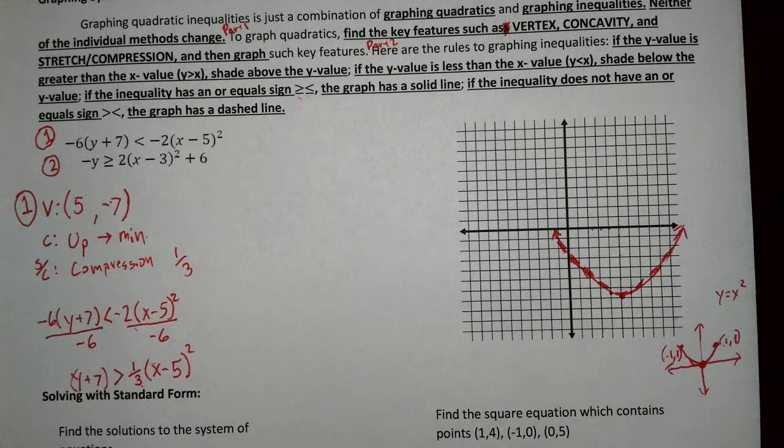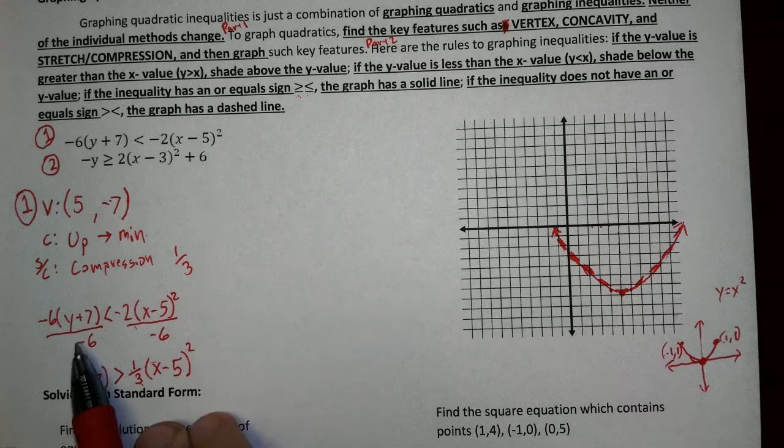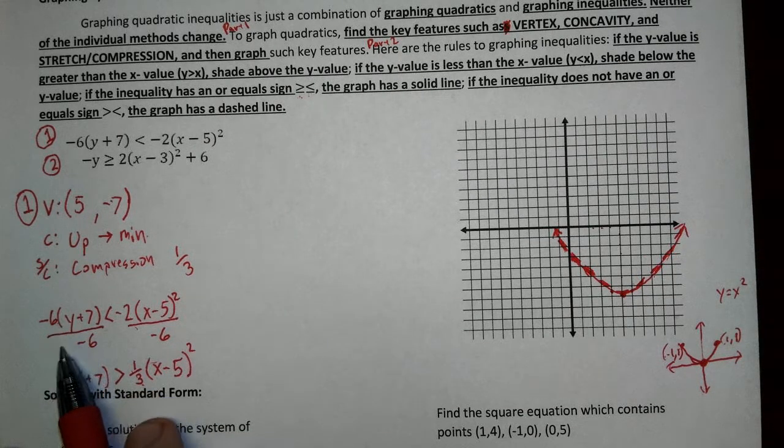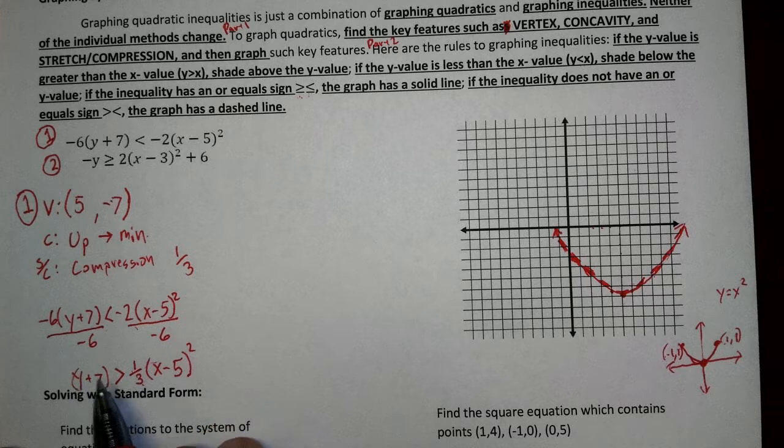Okay, so it's a dashed line, can't quite be equal to it, can get close to it, but can't get onto it. And then, now my y or x, which one is bigger? You always want to look at this version. You don't want to look at it with multipliers on the y. You want to look at it once your multipliers are on the x. So it's actually really convenient to get it into this form, because now it's easier to read off for both parts of our inequality.